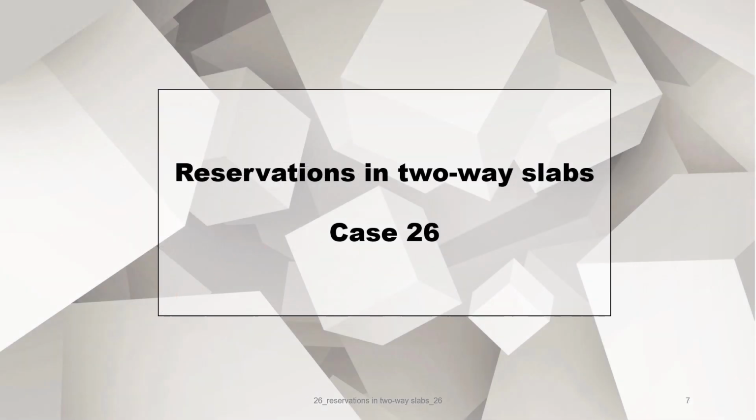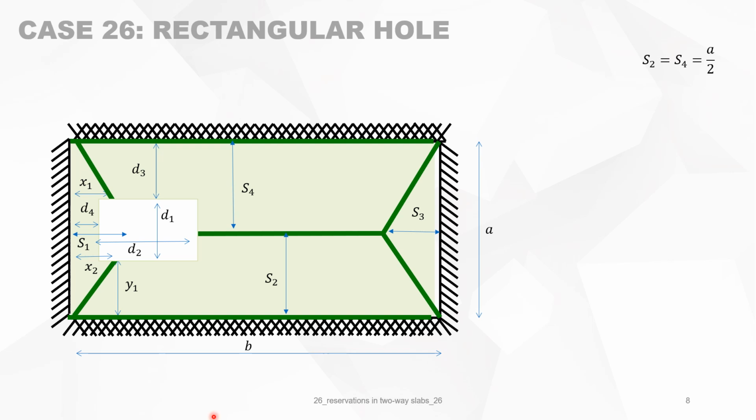Now let's go to case 26, with a rectangle reservation positioned at a distance d4 and d3 from the edges of the slab. We know from the geometry what S3 and S1 are and what S2 and S4 are. And because it's a two-way slab, we know that the distance B must be between A and 2A.